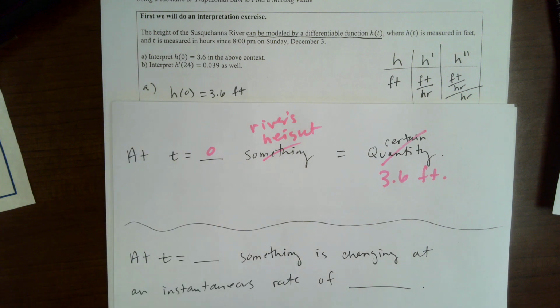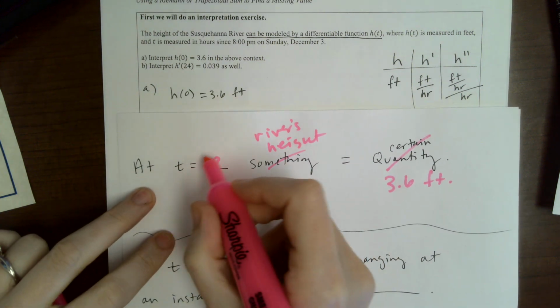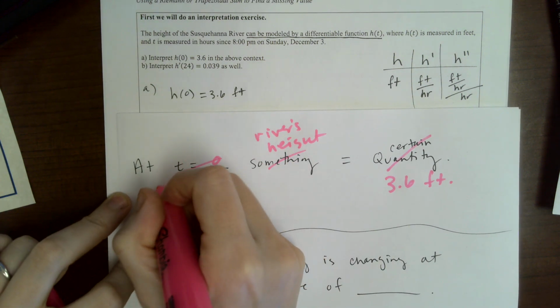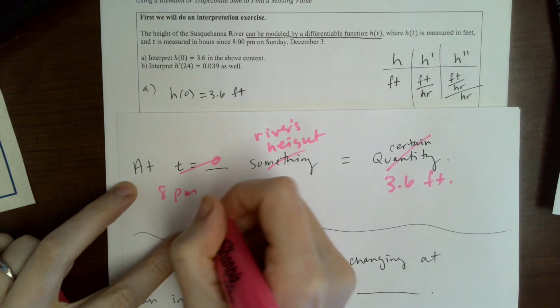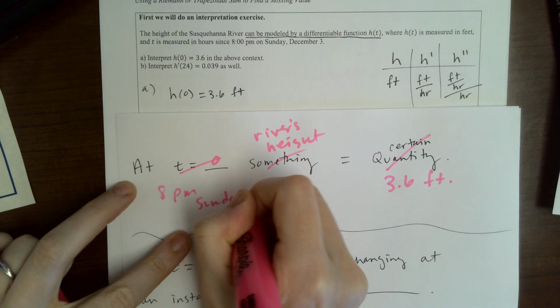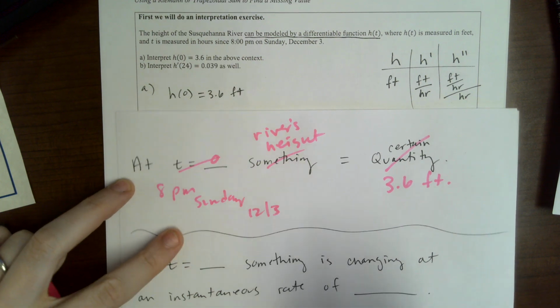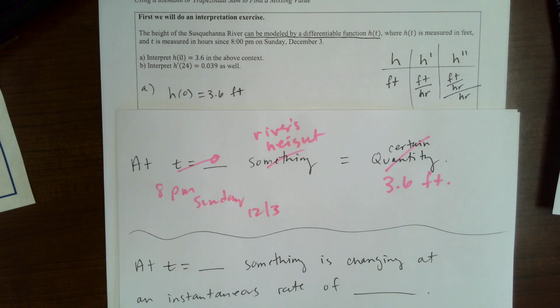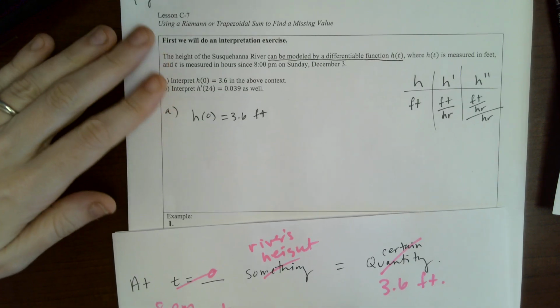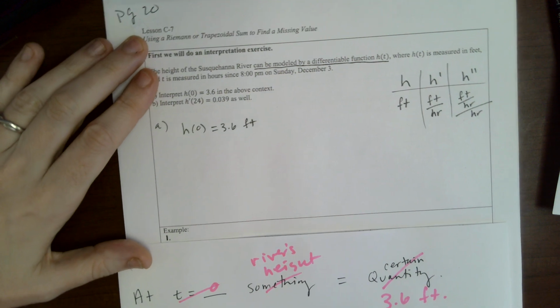So at t equals 0, so that would mean at 8 p.m. Sunday, 12/03, the river's height is 3.6 feet, or the river is 3.6 feet high. That probably sounds even better, even more like how people talk. So I'll say it like that.